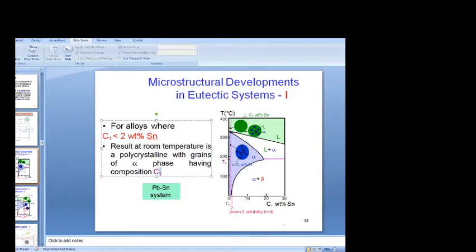For example, we are considering an alloy composition, the point C1, which is shown in the figure. That alloy is slowly cooled from a temperature within the liquid phase region, say 350 degrees, as you can see.